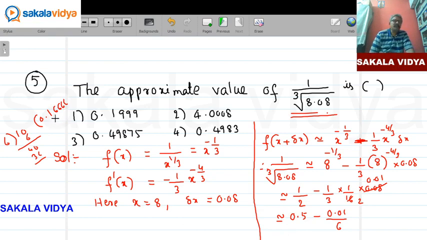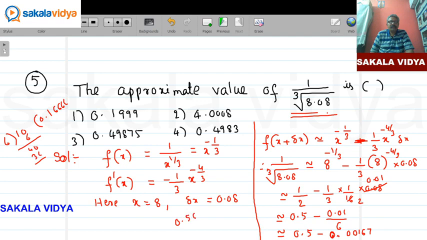Actually 2 points. Here you will be getting, approximately equal to 0.5 minus 0.00167, write down.